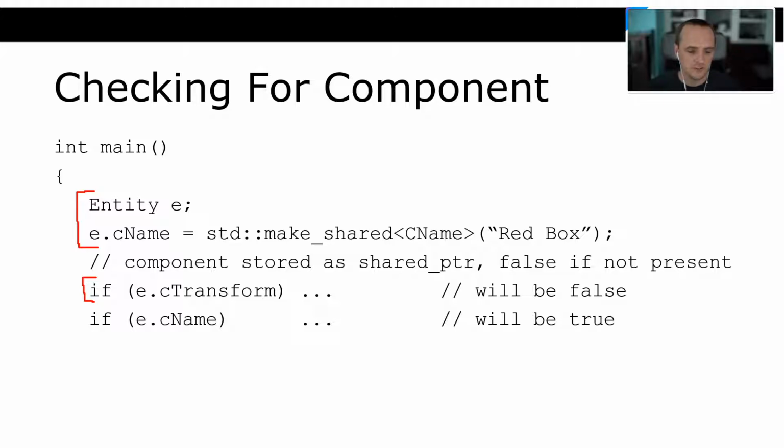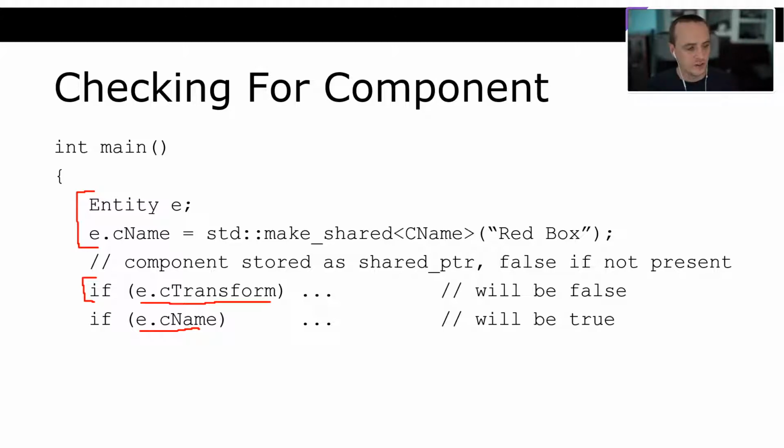Well, it's because both C transform and C name, both of those are shared pointer objects. And if a shared pointer object has not been initialized other than default, it will be false because its pointer is a null pointer. So since I have not added a transform to the entity, this will be false. Since I have added a name to the entity, this will be true. Okay?